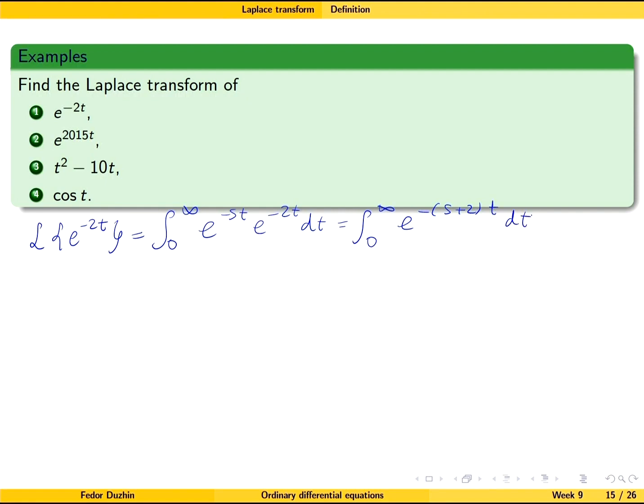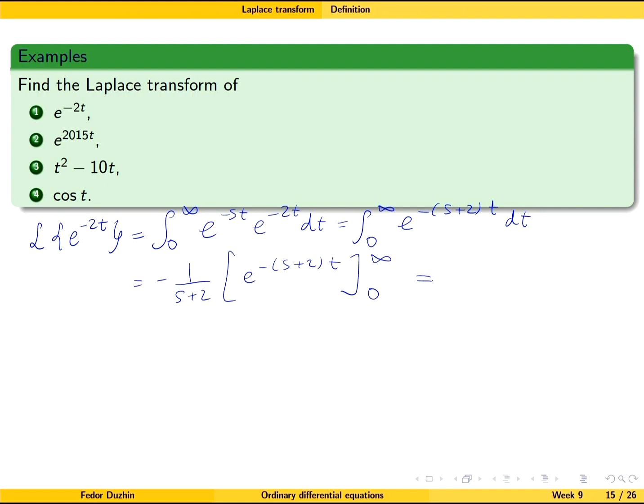Now let us find the antiderivative. The antiderivative is minus 1 over (s plus 2) times e to the minus (s plus 2)t, and we should take the change of this from 0 to infinity.